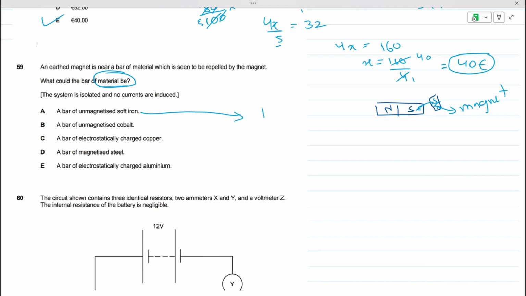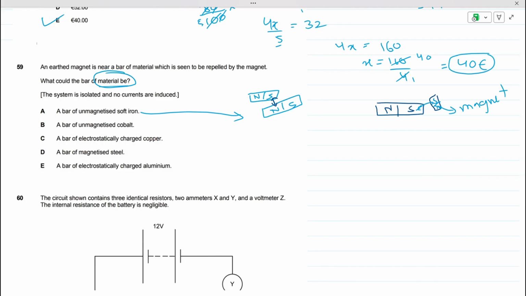When a magnet comes near to it, for instance, this is my north, this is my south. When this magnet comes near to this soft iron, this basically is attracted, because soft iron becomes temporarily magnetized.